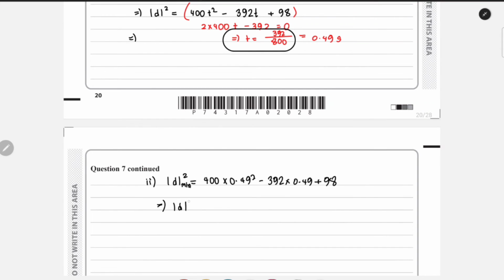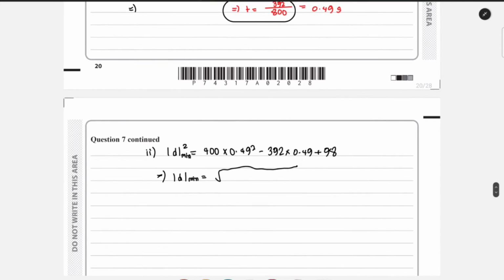So d minimum would be root over 1.96, or 49 by 25.